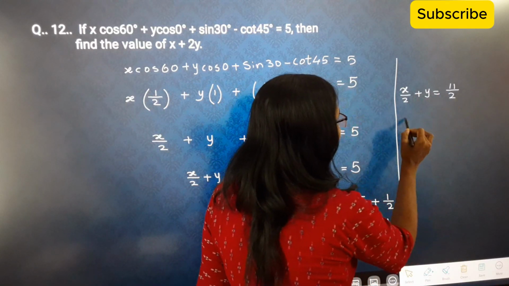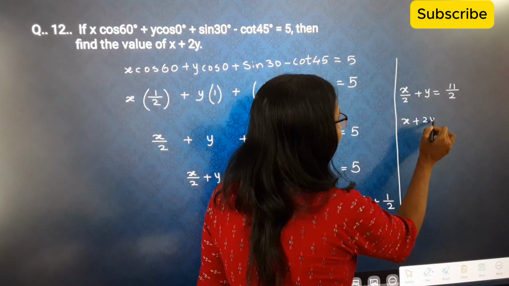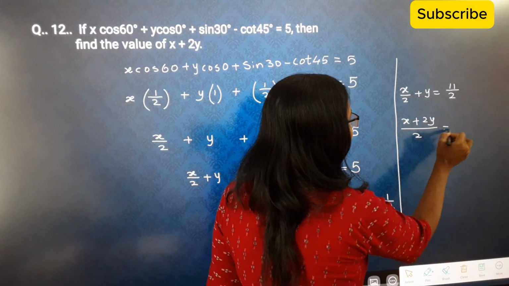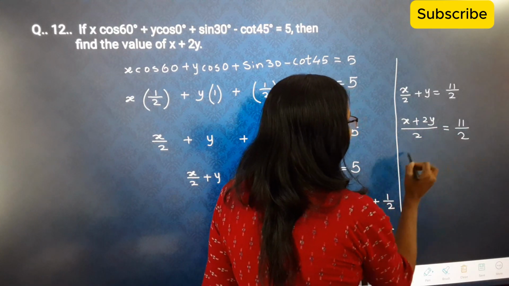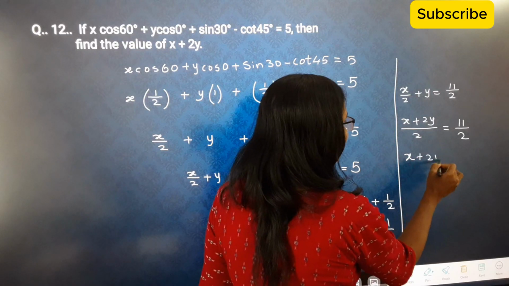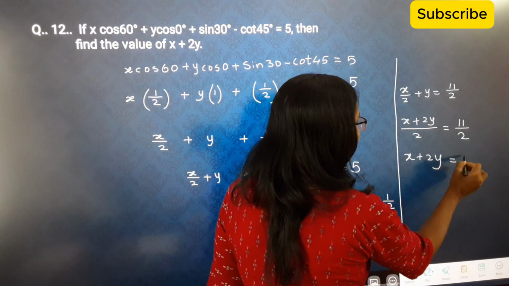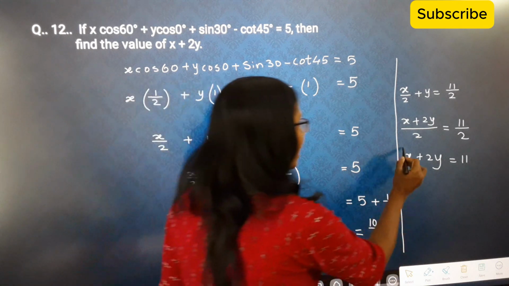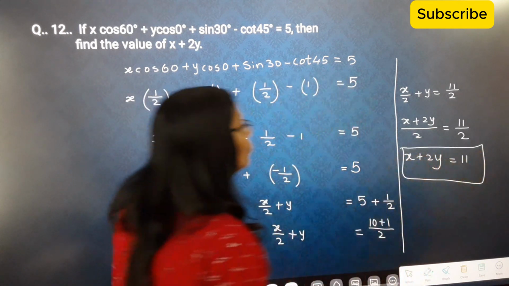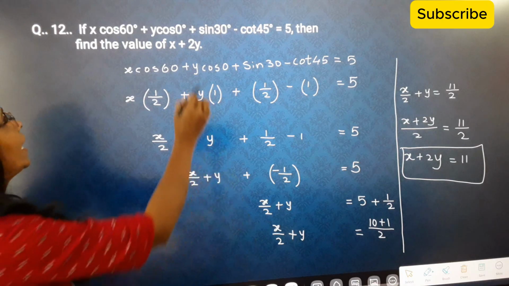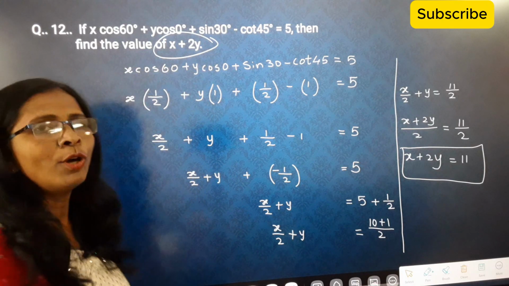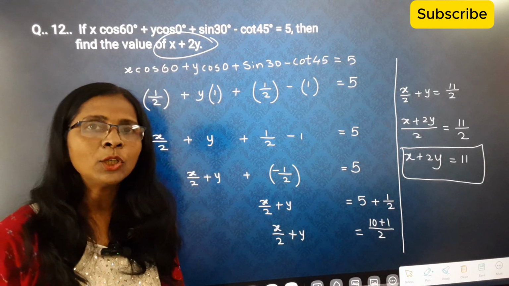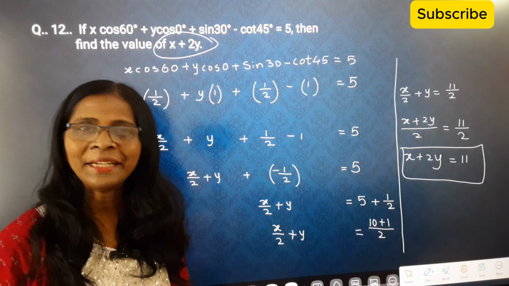Okay. So now here x plus 2y upon 2 is equal to 11 upon 2. So here, students, x plus 2y is equal to 11, because the 2 gets cancelled. So we have to find the value of x plus 2y, which is equal to 11. So this is our final answer.